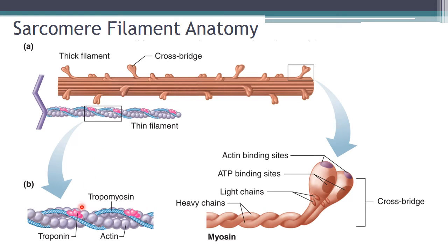However, when calcium binds to troponin, this will cause tropomyosin to move off those binding sites, move out of the way, and then it will allow myosin and actin to bind to each other. When myosin binds to actin, this event is very important. It's what's called a cross bridge, and those cross bridges are going to be extremely important.